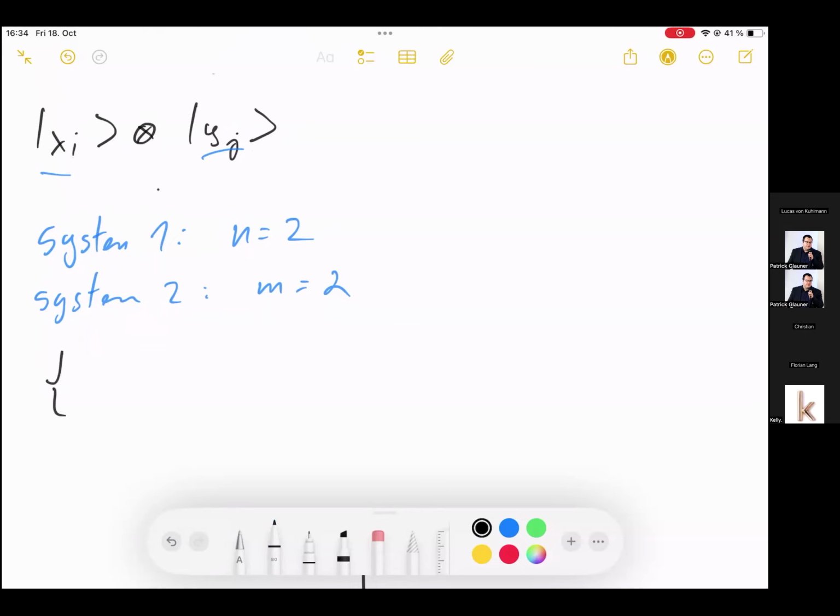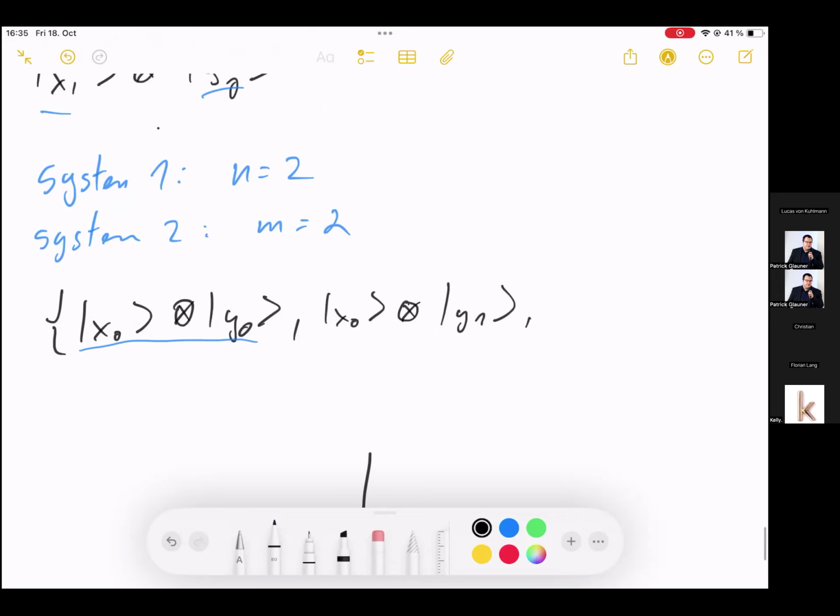I'll write down a set, and that set is the set of basic states for the composite system. We have x0, which is one of the basic states of the first system, and we take the tensor product with y0. This is one basic state of our composite system. The next one is x0 ket tensor y1 ket.